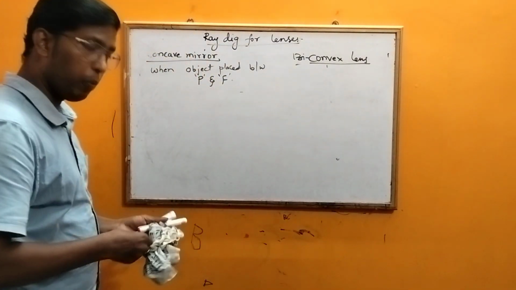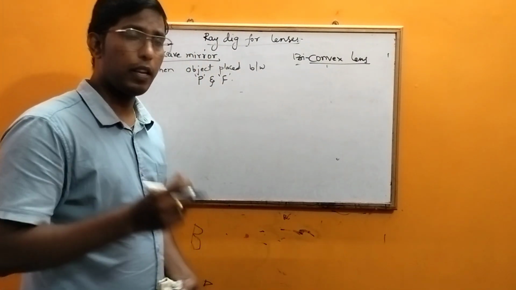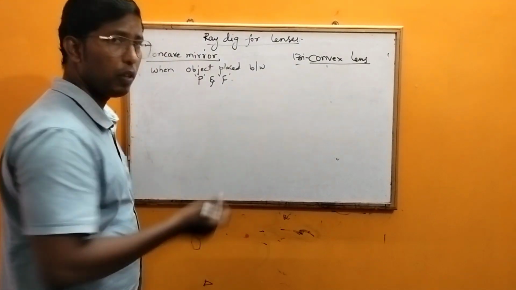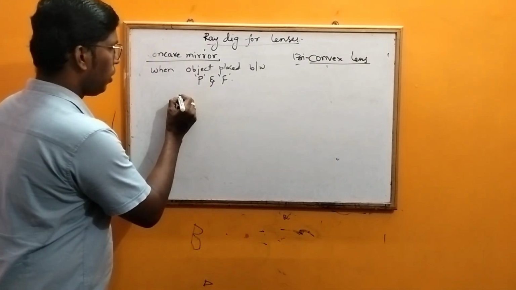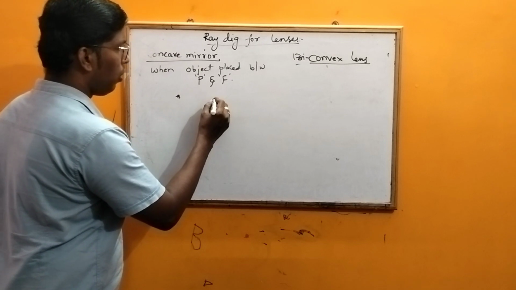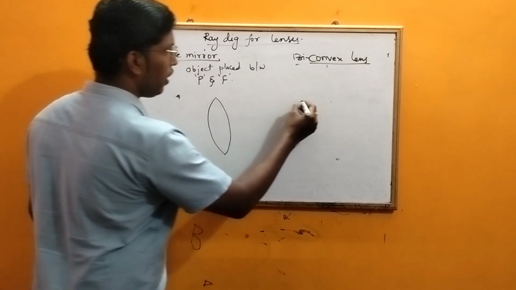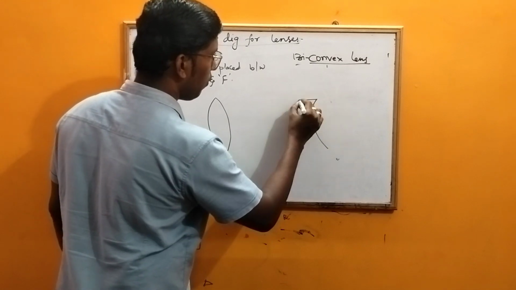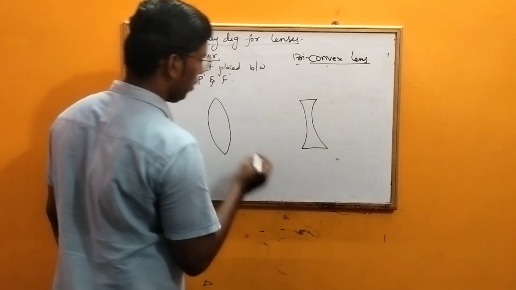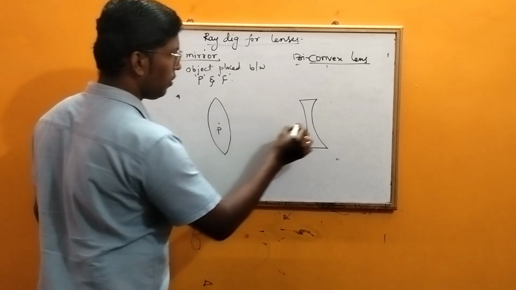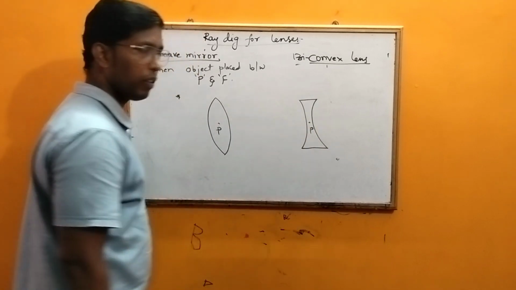Okay, another important point I will tell you: in the board exam, it can be asked even in MCQs or for 1 mark. Okay, the first one, see, this is the convex lens, and this is the concave lens. These are the structures. Here is the optic center, and exactly the optic center for this.